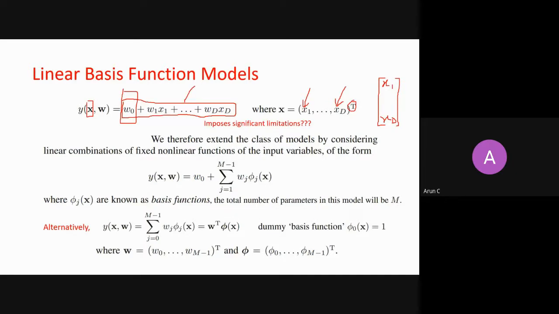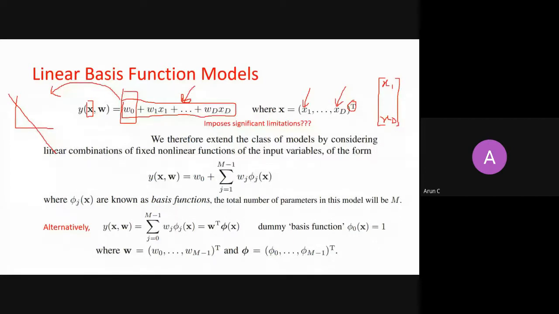This is a linear model, but if you use this linear model directly, what kind of decision boundary can it give you? It can only give you a line. If you are in two dimensions, this form of linear model will produce only a line, right?